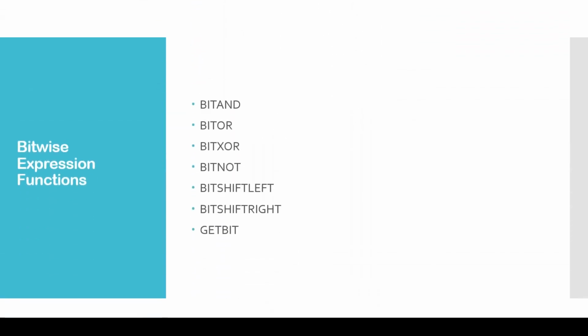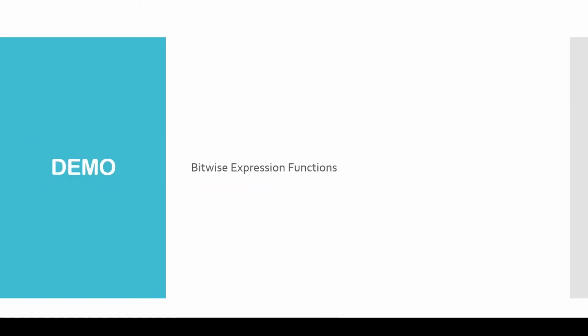In bitwise expression functions there are BITAND, BITOR, BITXOR, BITNOT, BITSHIFTLEFT, BITSHIFTRIGHT, and GETBIT. We'll look at it in a practical manner, so let's go to the demo for the bitwise expression functions.